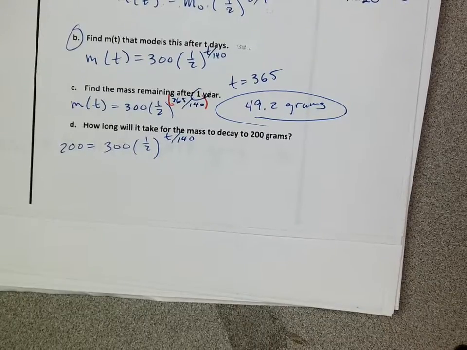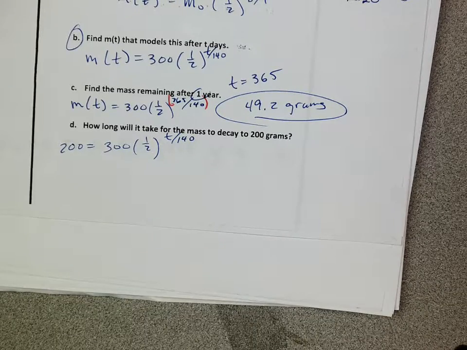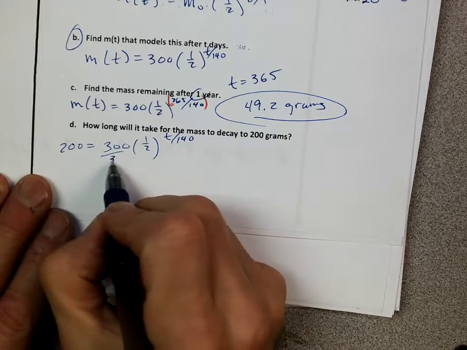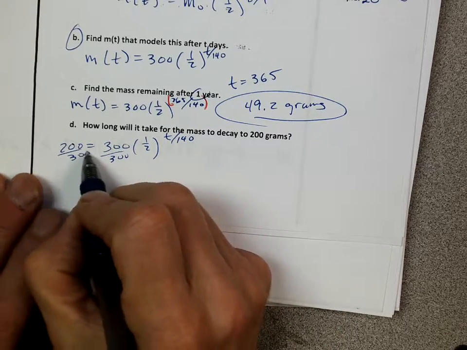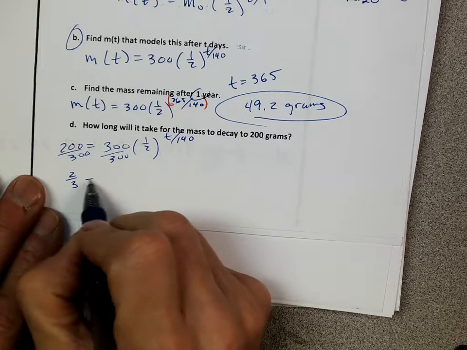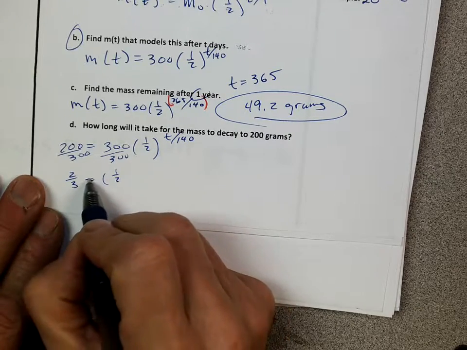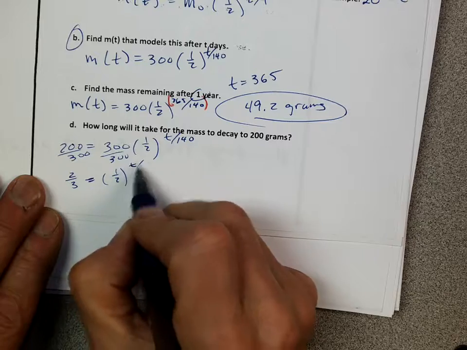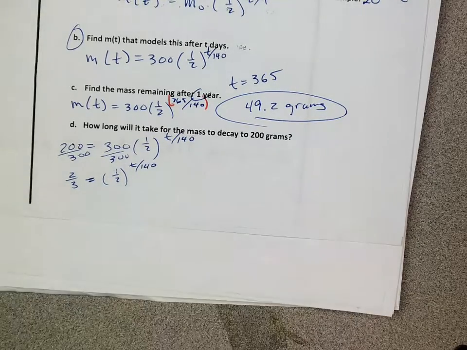T is in the exponent, so eventually I'm going to have to take a logarithm. Let's divide first by 300, and I get 2/3 equals 1/2 to the t over 140. Let's bring that exponent down. Let's take the log of it.